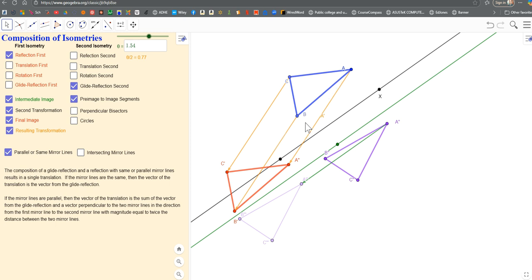What is the vector here? Okay. Well, if we do the vector, let's see if I can show it here.